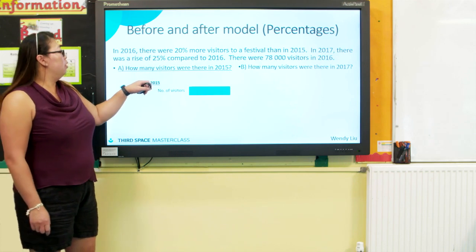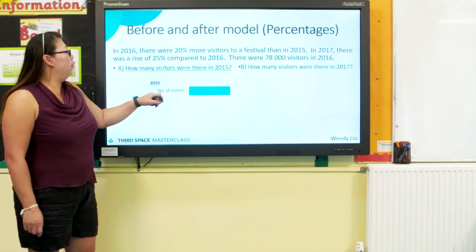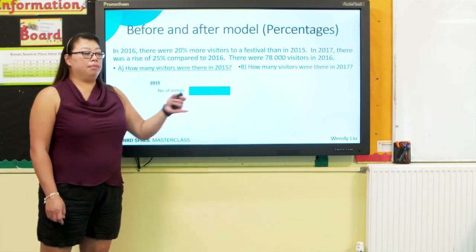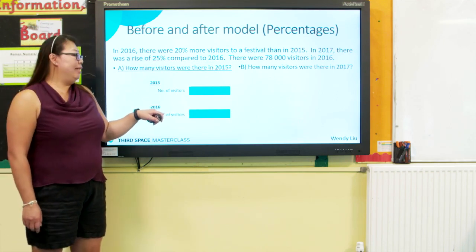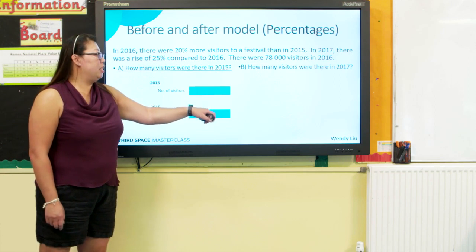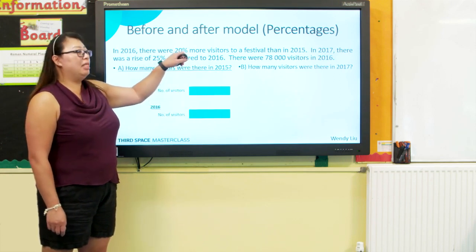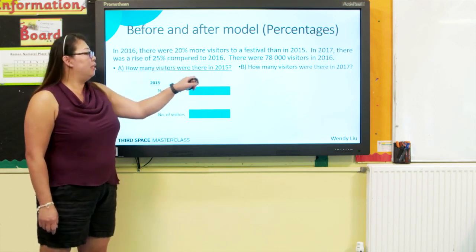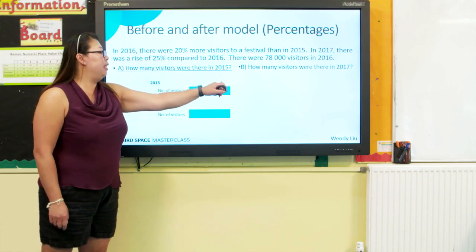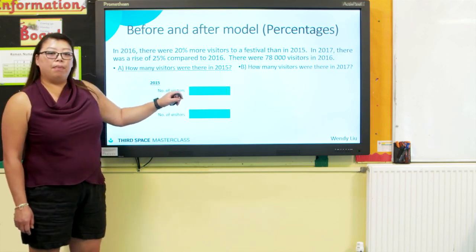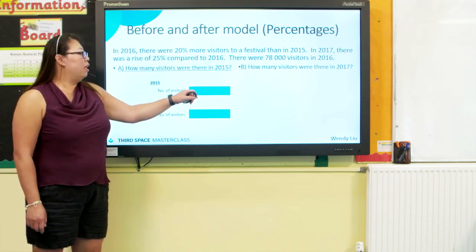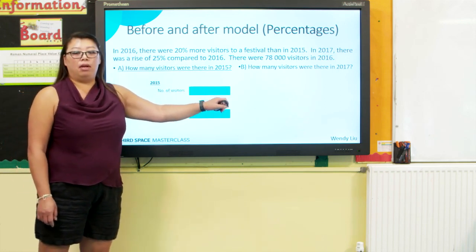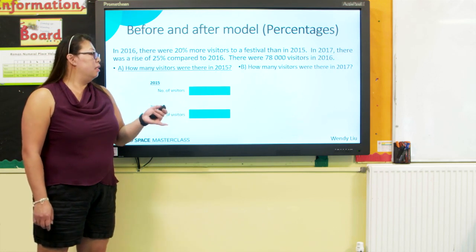So we model 2015, we know that there were a number of visitors. We also know that in 2016, there were the same number of visitors plus 20% more, 20% of the original 2015. So if a pupil knows that 20% is the same as 1/5, then they can go ahead and divide their bar into 5 equal parts.